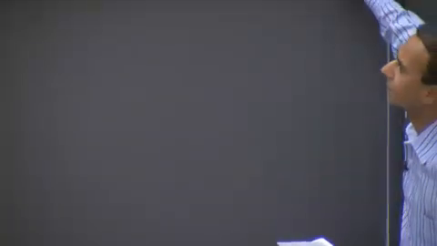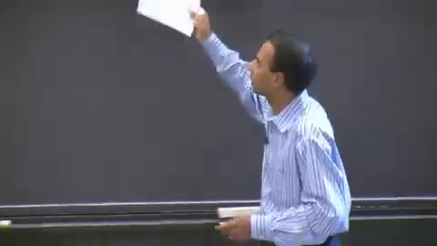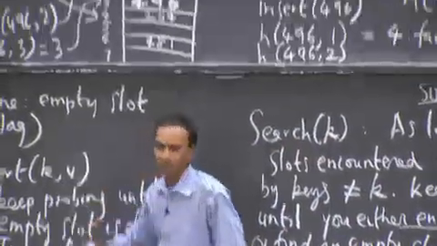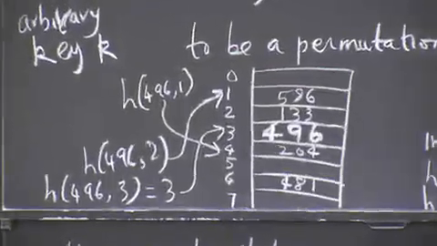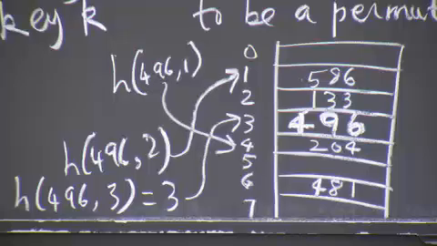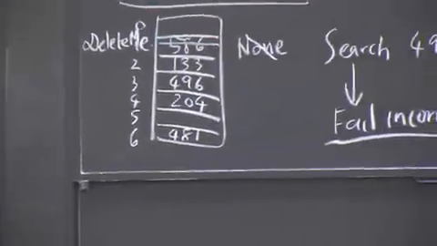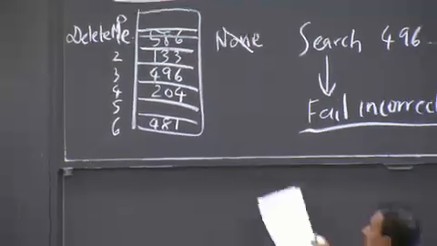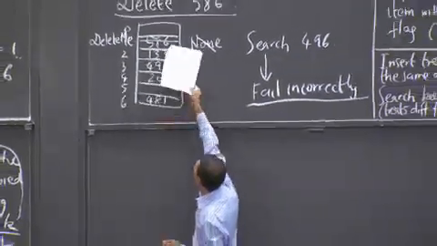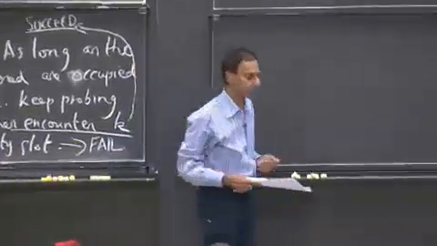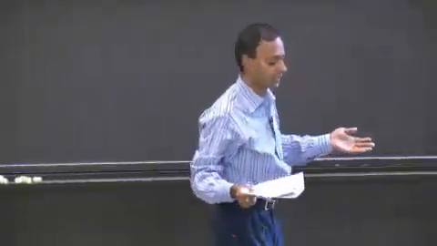So what would happen in our example? Well, going through exactly the same example, we started from here and then we decided to delete 586, and so we replaced 586 not with none, but with delete me. The next time around, when you search for 496, what would happen is that you would go look at the slot that contained 586, and you'd see that there's a delete me flag in there.